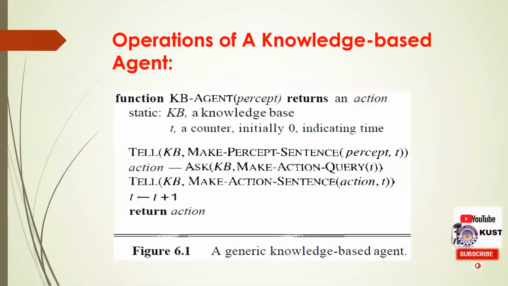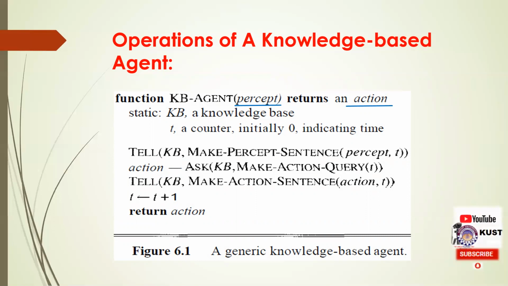This is the structure, like an outline of a knowledge-based agent, or you can say it is an algorithm of a knowledge-based agent. It takes a percept as input and returns an action. Percept, what is percept?